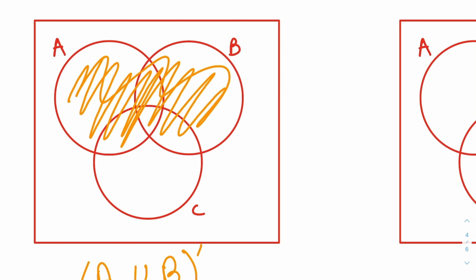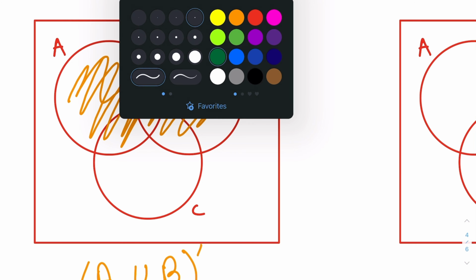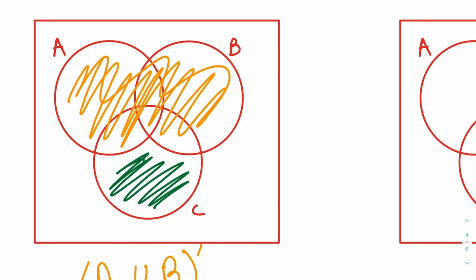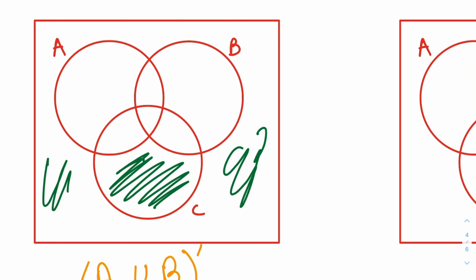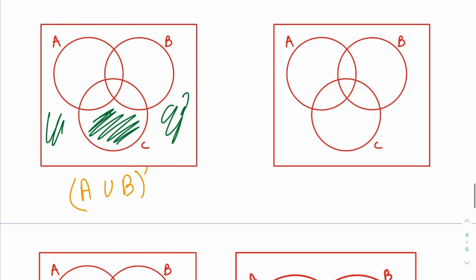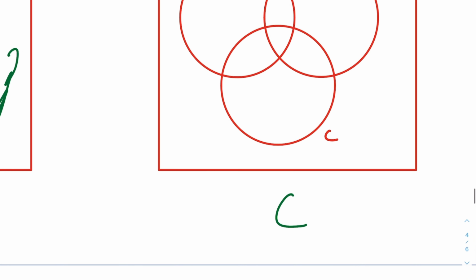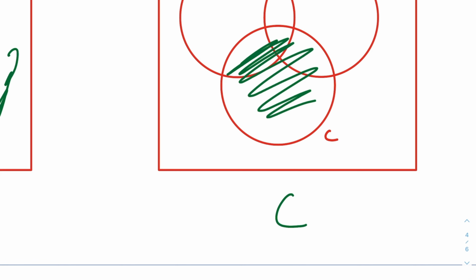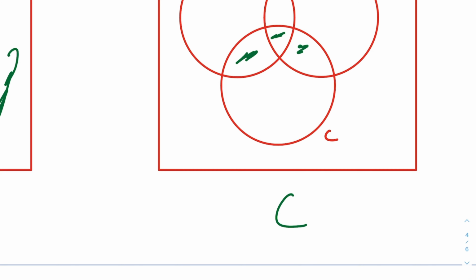It is everything outside of that. So it has to be this region and this region, right? So we just erase that. Okay, got that. And for the other one, C, it is this entire region. I'll just draw it like this so you can see better.